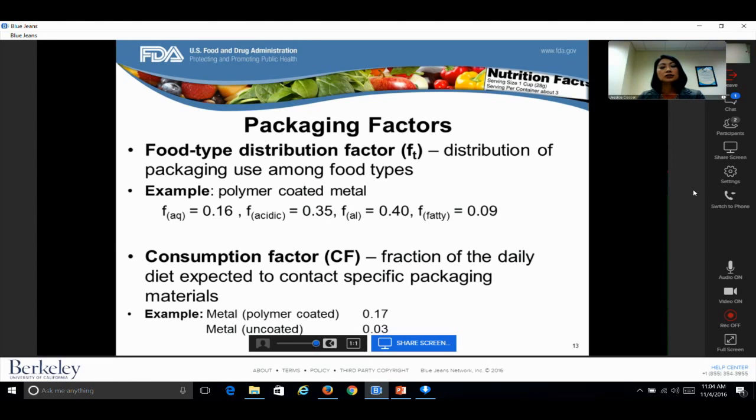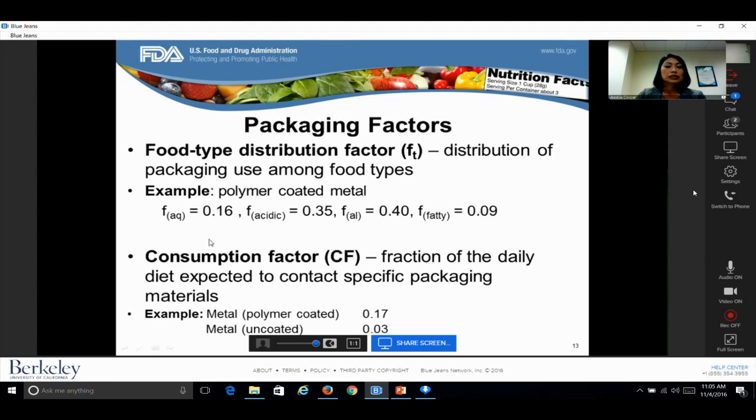So for instance, if we're looking at polymer-coated metal, what is the fraction of polymer-coated metal that is in contact with each of the different food types? In this case, the food type distribution for aqueous foods is 0.16, and in other words, that's saying 16% of polymer-coated metal is in contact with aqueous foods, and 35% is in contact with acidic foods, and so on.